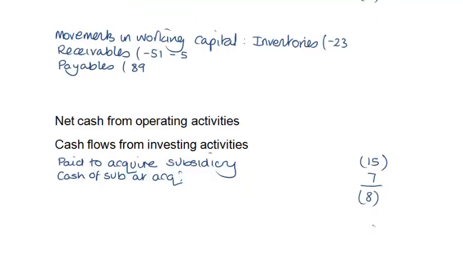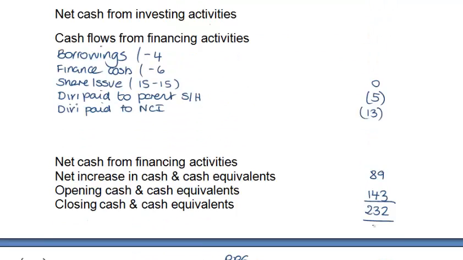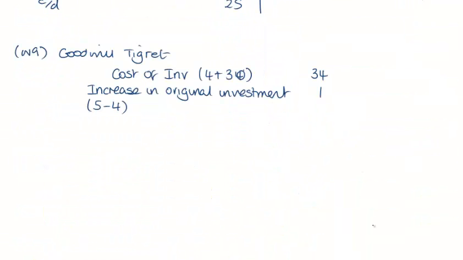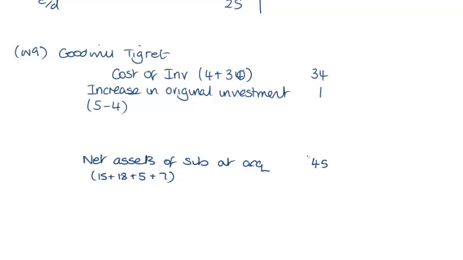So if we add all of those up, we need to do this for our goodwill calculation. Net assets of subsidiary at acquisition. It's 15 plus 18 plus 5 plus 7 is 45.